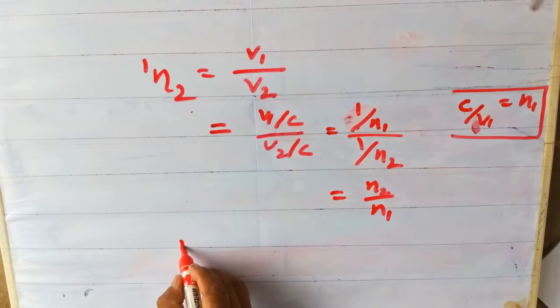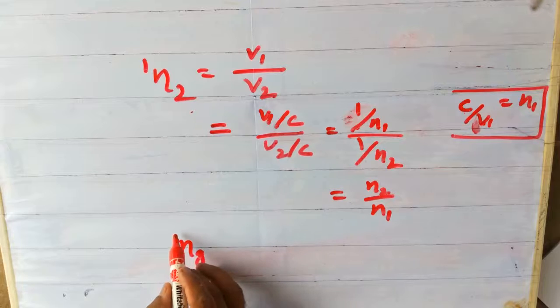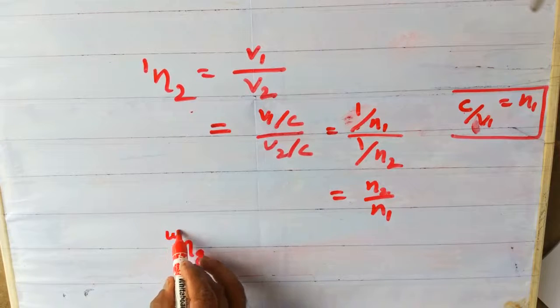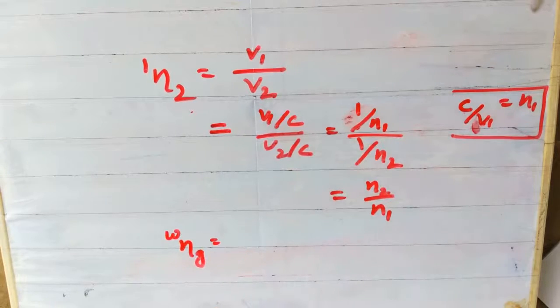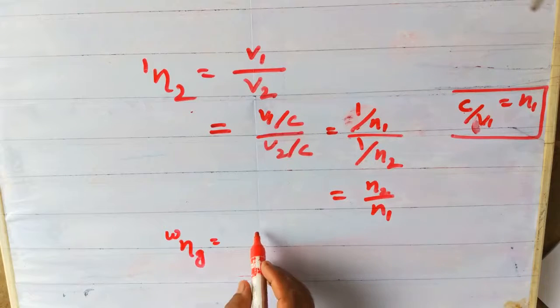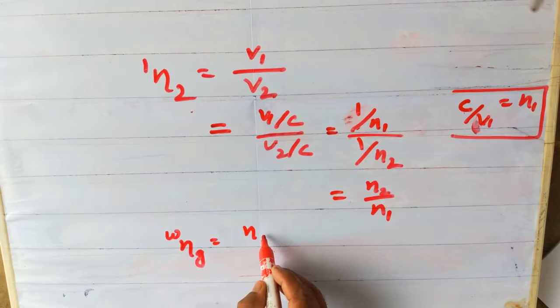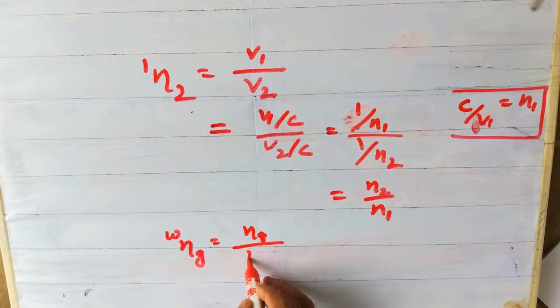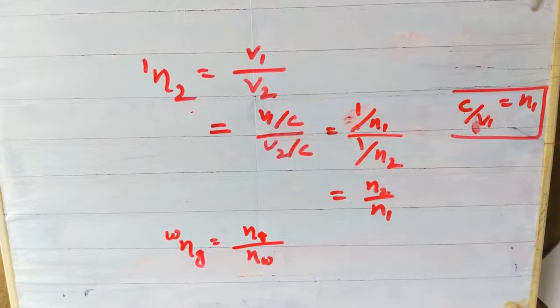For example, if you are going to find the refractive index of glass with respect to water, that will become the refractive index of glass by the refractive index of water. Clear? This is another relation.